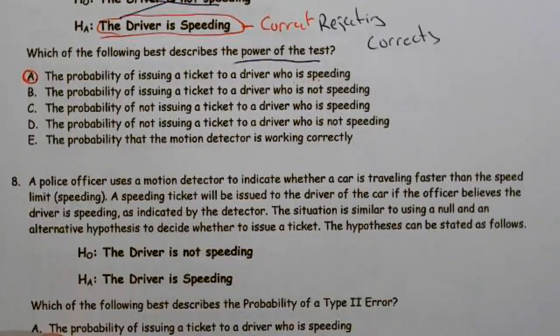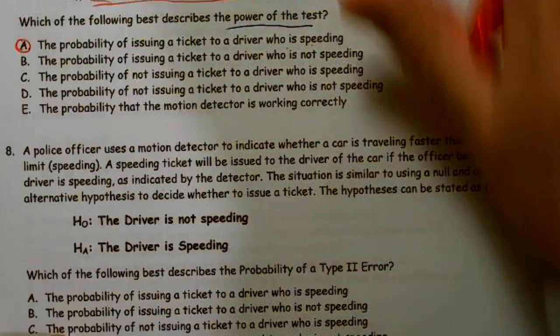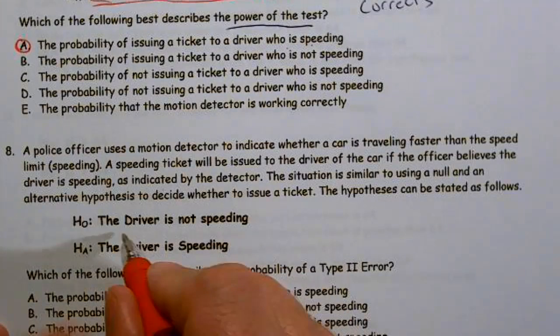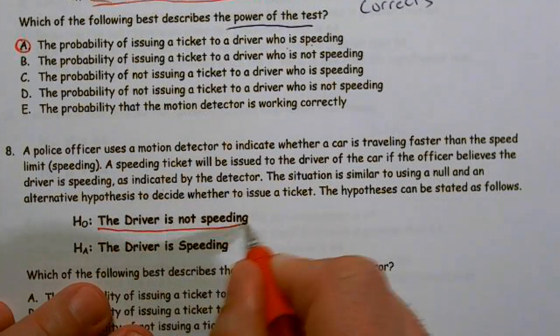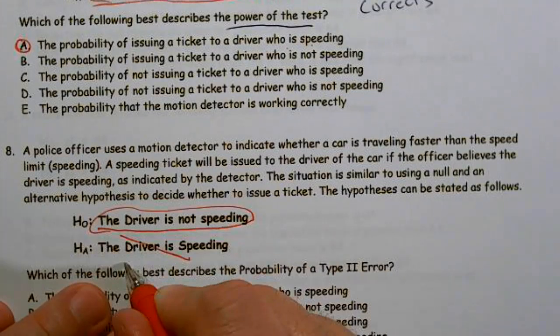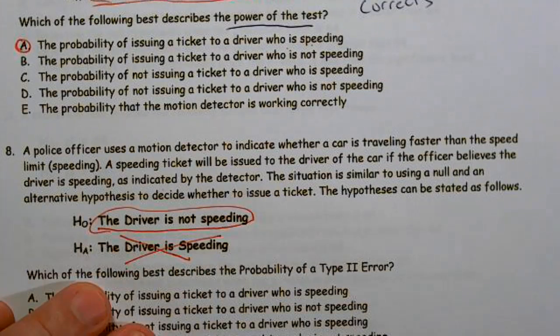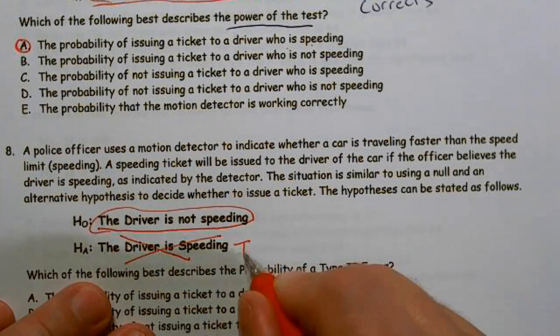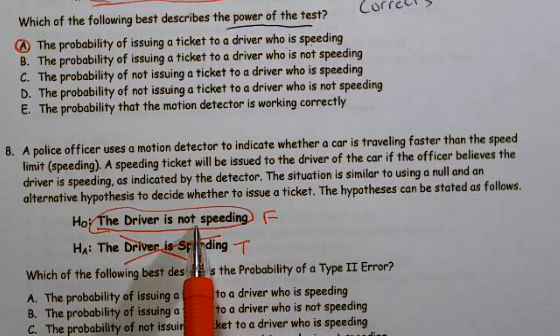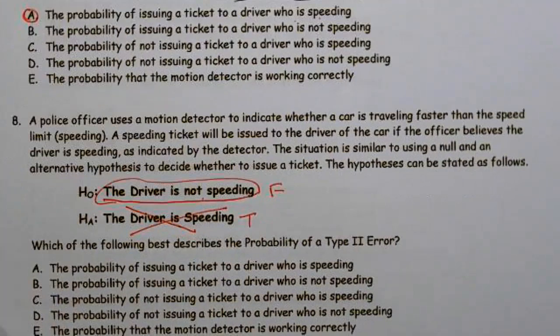All right, same scenario, but they ask what is a type 2 error? Well, type 2 error means that I believe the null and I don't believe the alternative. The null was false, the alternative was true. So, the driver is speeding.